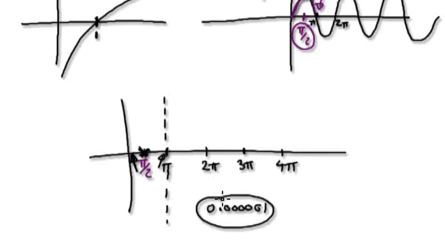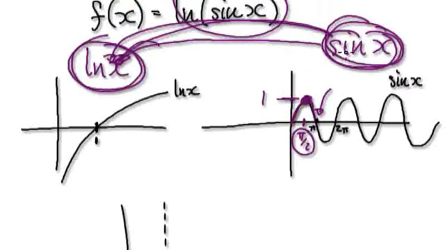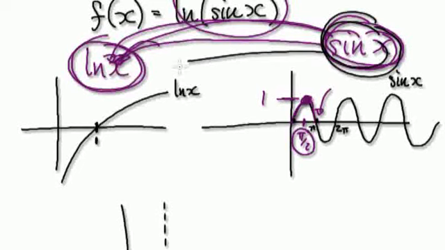Looking at the sine graph, it would be a tiny number. Now put this tiny number into here, and that would also be a tiny number over here. So the natural log of a tiny number would be negatively massive, somewhere down here.